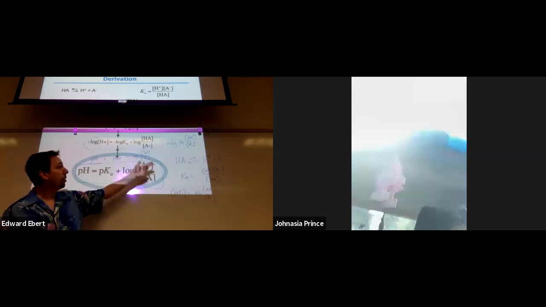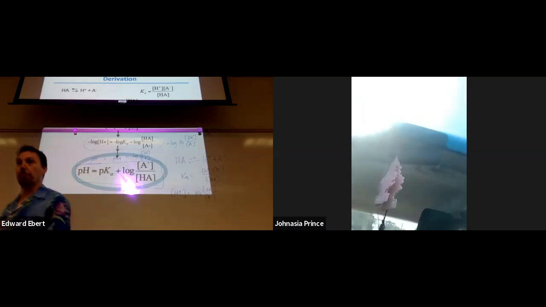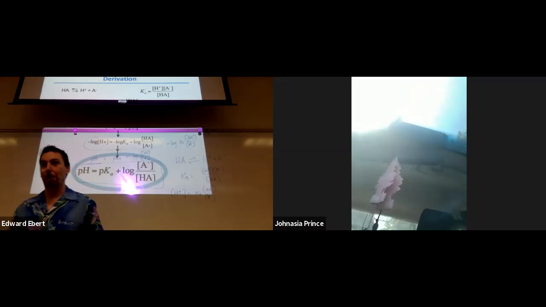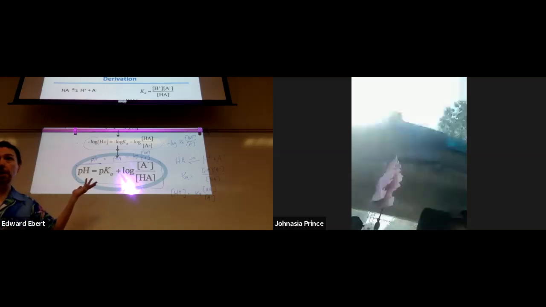It's not a terribly bad derivation, but I like to write out these extra two steps so that everybody sees where it's coming from, and to remind you of the funkiness of logarithms. We're going to apply this a lot when we make buffer solutions or when we analyze stuff.